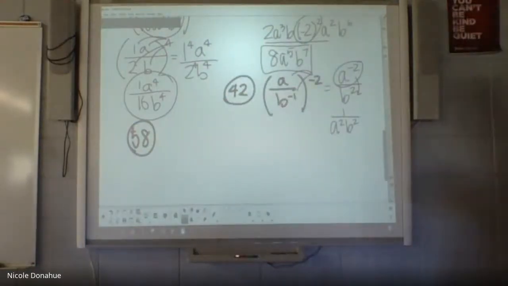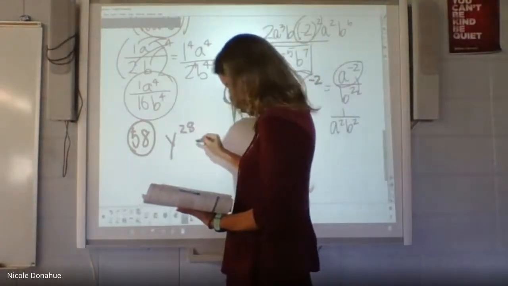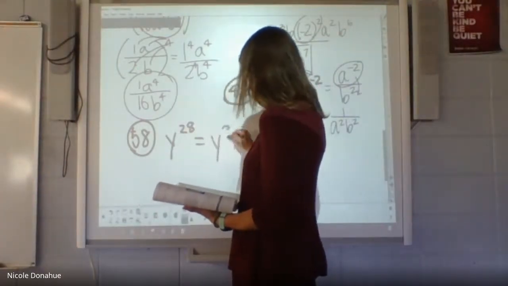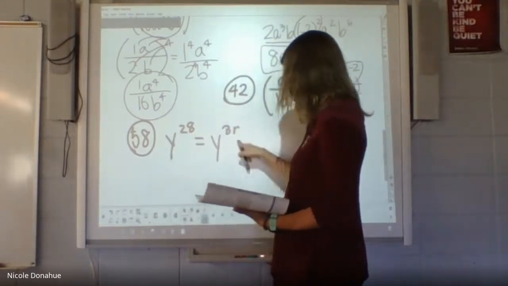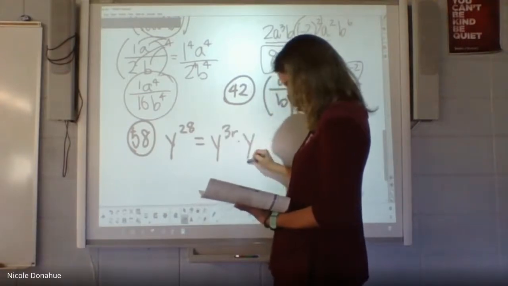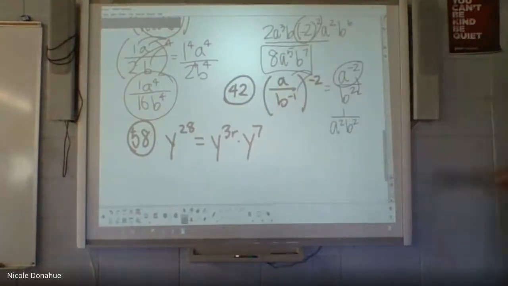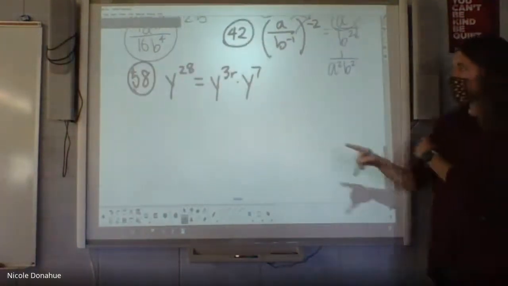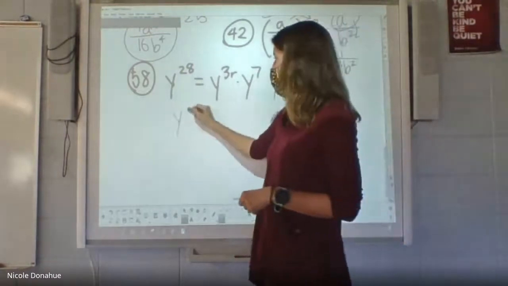So 58 is y to the 28 equals y to the 3r times y to the 7. All right. So typically what we do is we add these exponents. So this would be y to the 28.